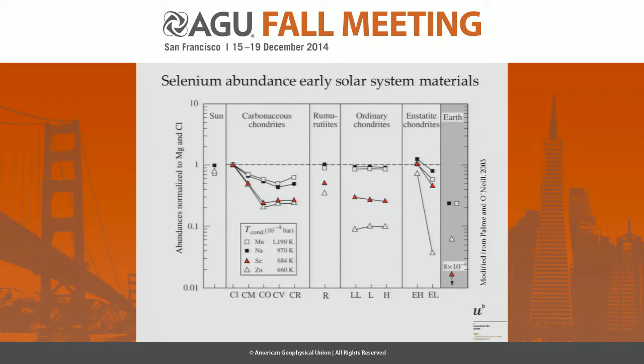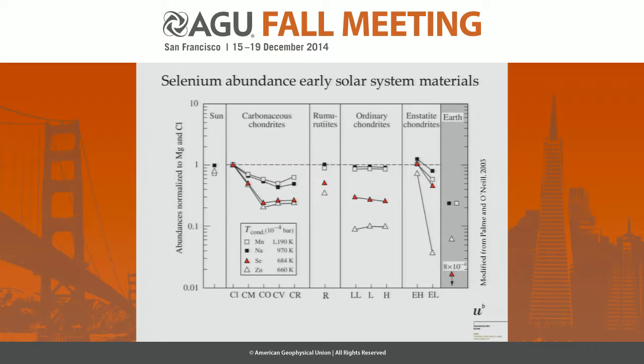If you now look at the Earth's mantle, shown on the uppermost right here, you can see that the trends qualitatively fit the carbonaceous chondrites in having depletions of manganese and sodium and also in zinc. But what we also observe is that the selenium concentration in the Earth's mantle is extremely low. This is because selenium is not only a chalcophile element, but also a siderophile element.